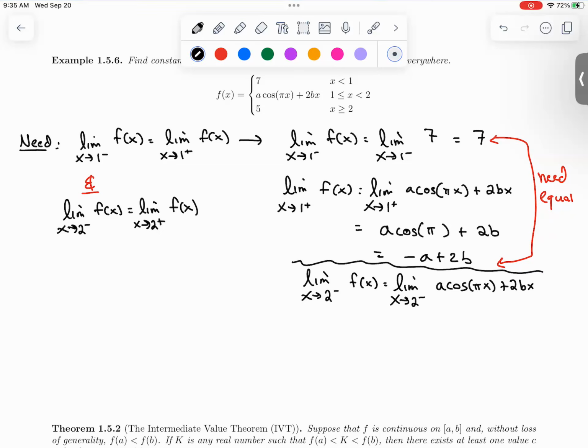And cosine of 2 pi is 1. That's right back at the right side of the x-axis. So this will be a plus 4b. And the limit as x approaches 2 from the right of f of x, that's just going to be 5. And we need these equal.